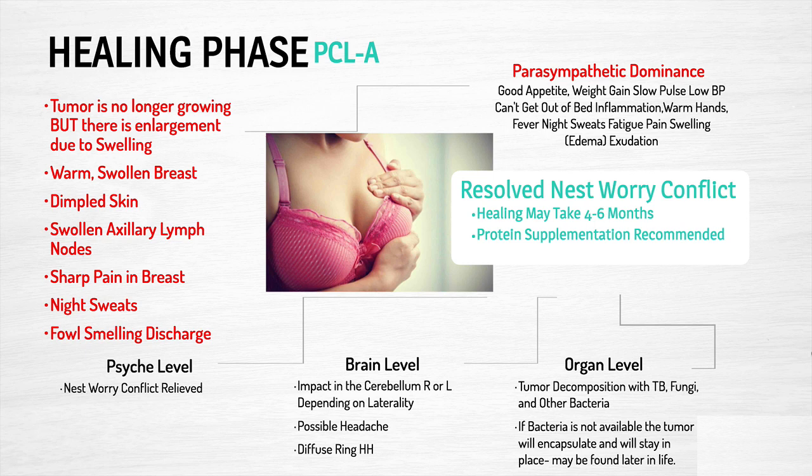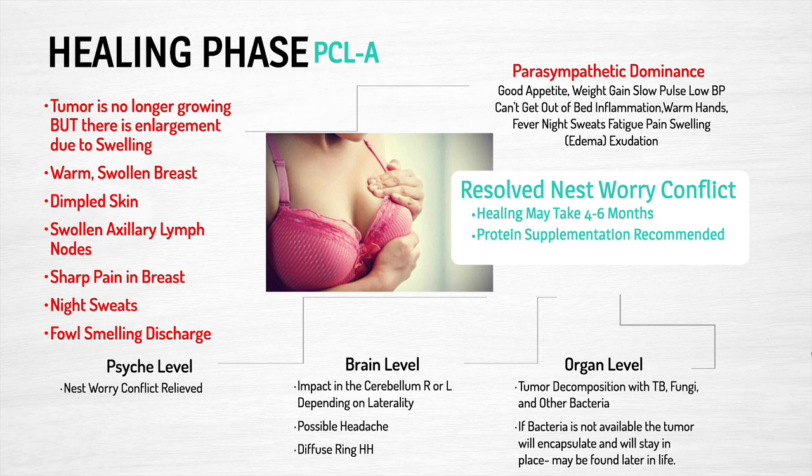So now the body wants to get the tissue back to normal function. And the tumor stops growing immediately as soon as you resolve the conflict, but there may be enlargement in the breast due to swelling.